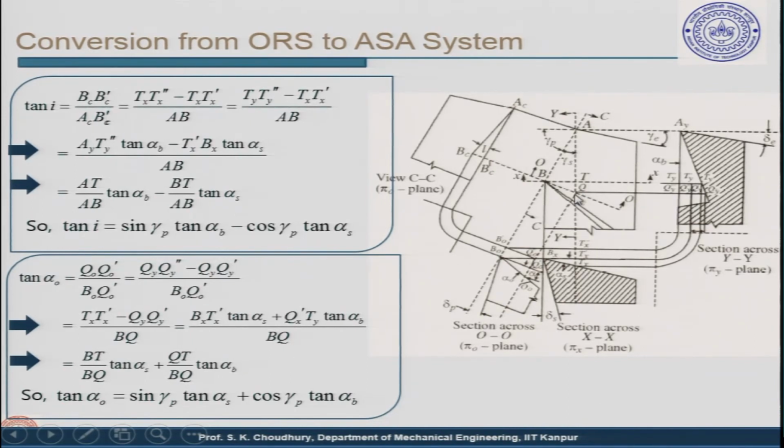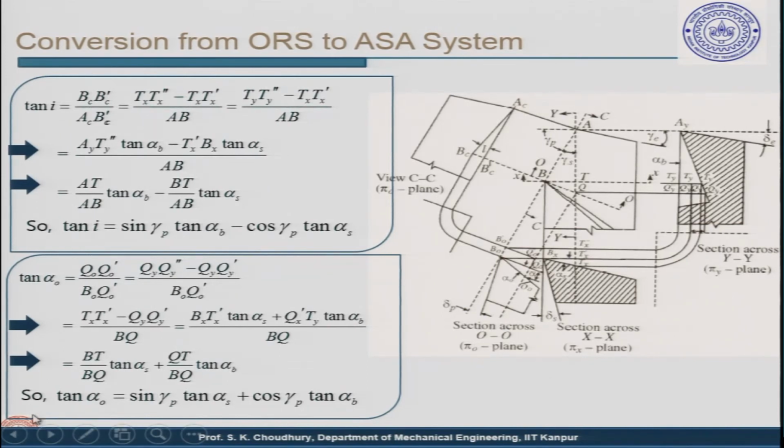So, this is in the base plane and so on. So, like I have shown it here, finally, you can find out that the tan of the orthogonal rake angle is equal to sin of the principal cutting edge angle, tan of the side rake angle plus cos of the principal cutting edge angle and the tan of the back rake angle.